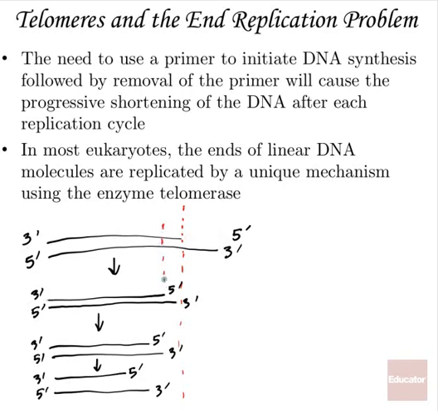Now, we've gotten shorter with each replication, and shorter and shorter. At which point, we could eventually end up inside of a gene, right? And if we start deleting parts of our genes, as I said before, we're going to either go through apoptosis, or one might end up becoming a cancerous cell.